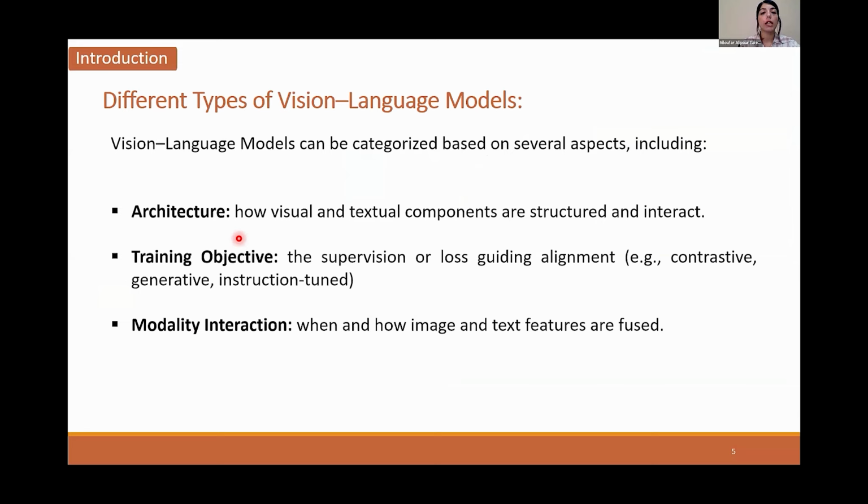For example, they utilize contrastive loss like CLIP, or generative loss that enables them to do tasks like captioning, reasoning, like LLaVA, or instruction tuning. Also, we can categorize them based on the modality interaction, when and how image and text features are fused. We have late fusion of modalities, early fusion of modalities.